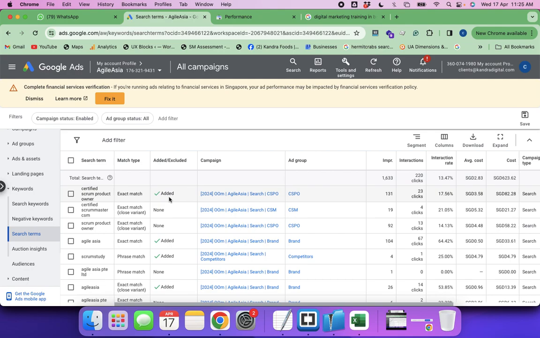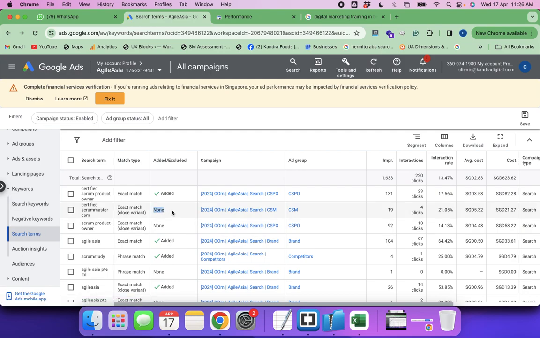The search keyword is an input keyword, and now a search term is a keyword typed by people on Google. So certified Scrum product owner is a keyword typed on Google, for which this website has received 23 clicks and 131 impressions, and which is also in the search keywords. Here, certified Scrum Master CSM is a search term, but this is not a seed keyword, and hence it shows none.